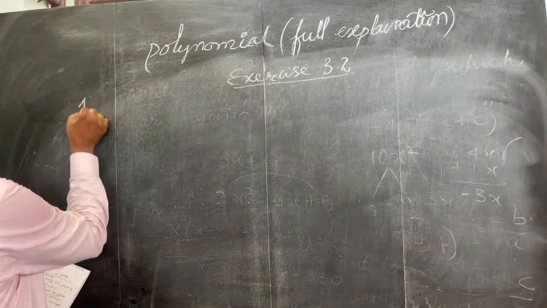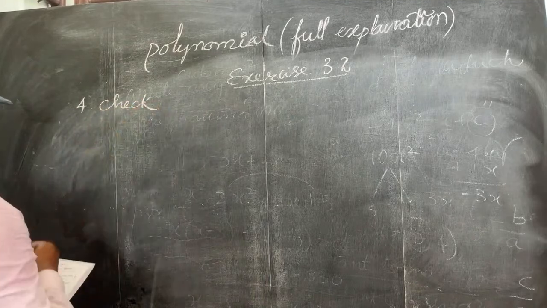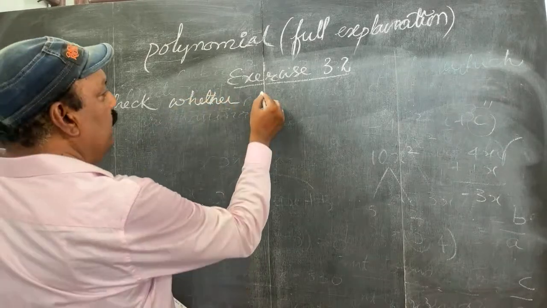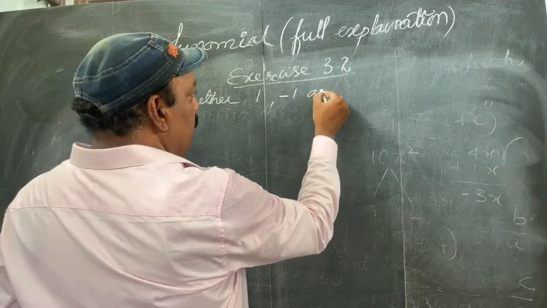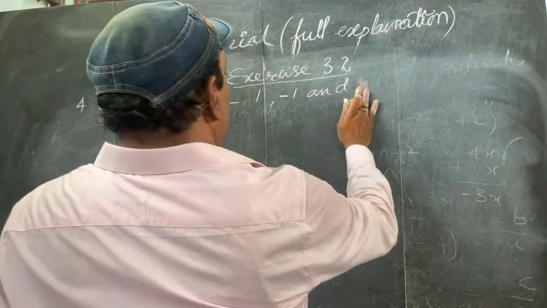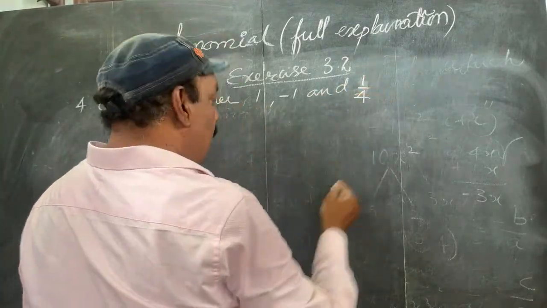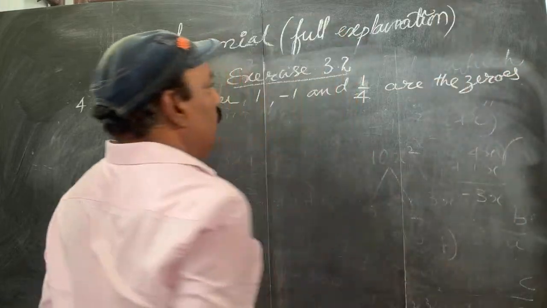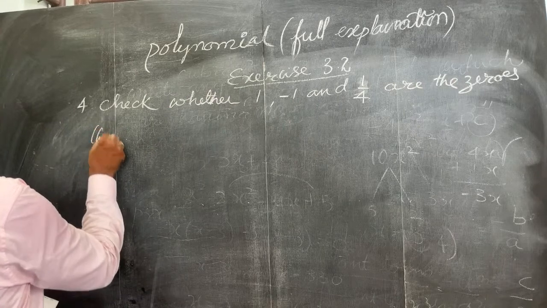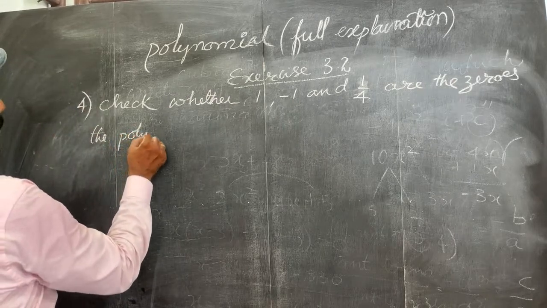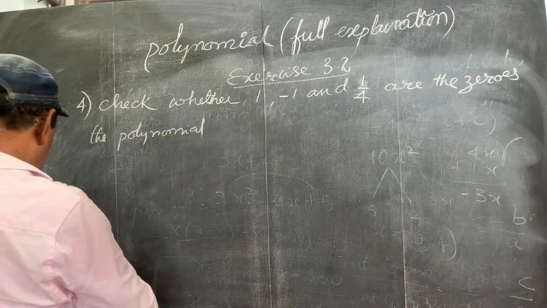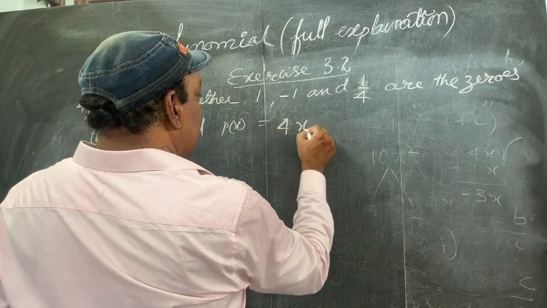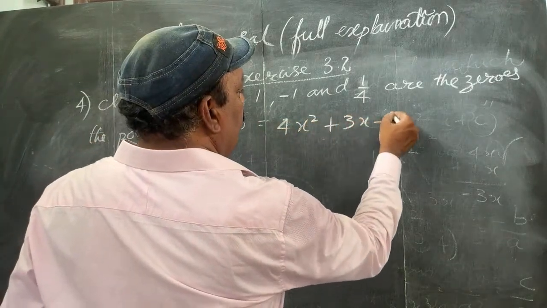The question is: check whether 1, minus 1 and 1 by 4 are the zeros of the polynomial p of x equals 4x square plus 3x minus 1.